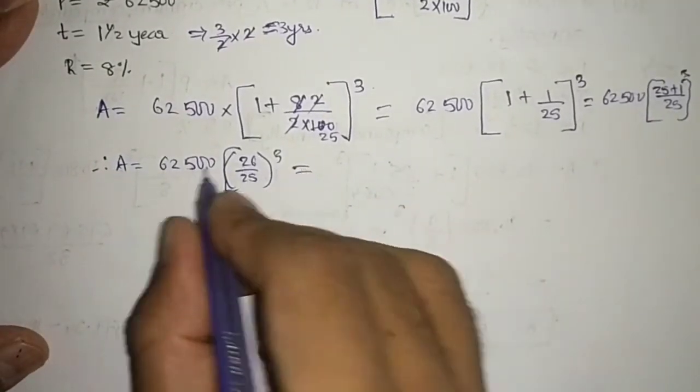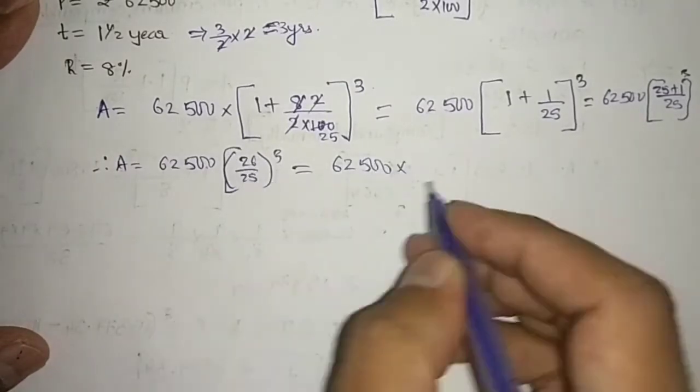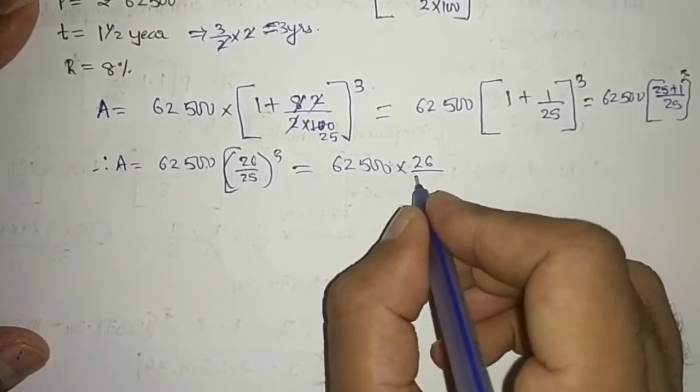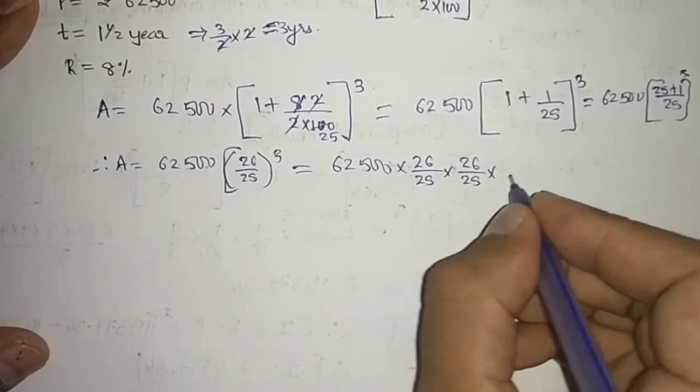So further I can write like this: 62,500 into 26 by 25, three times because it is a cube.